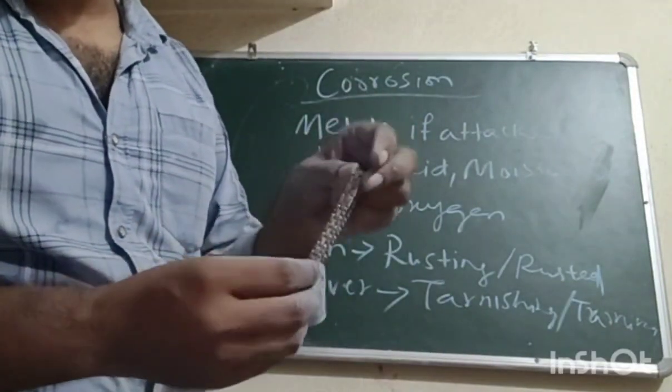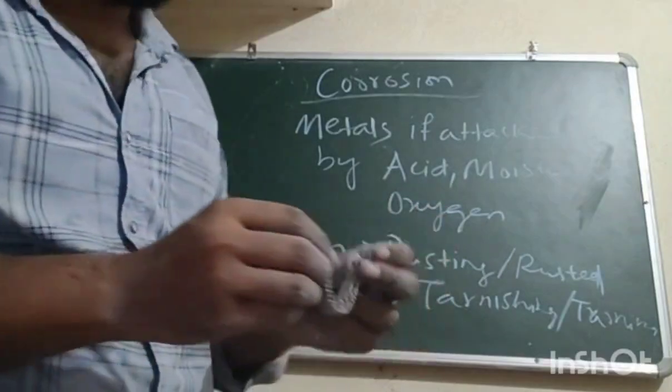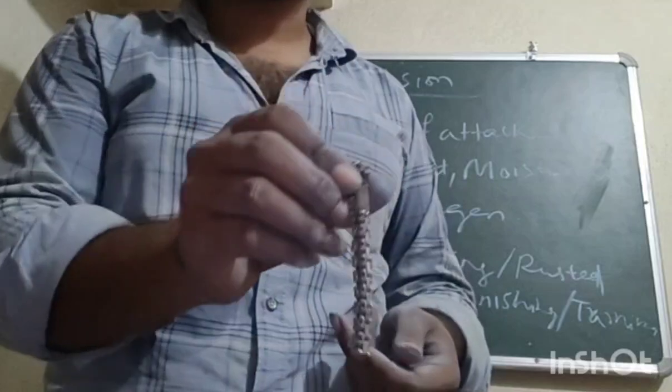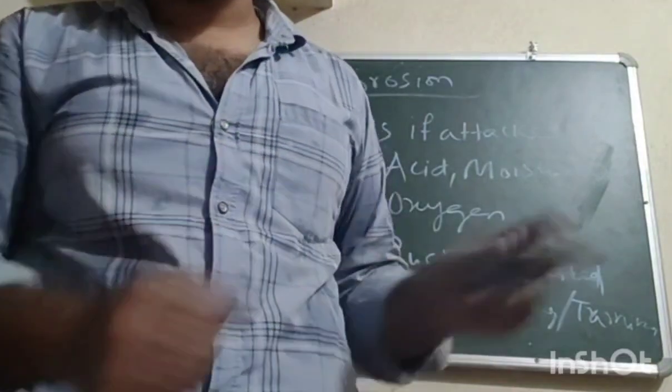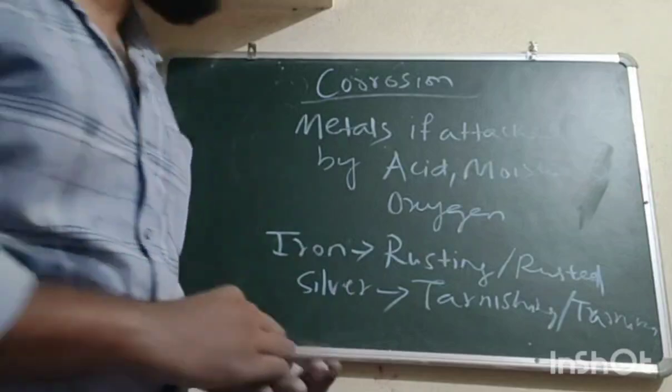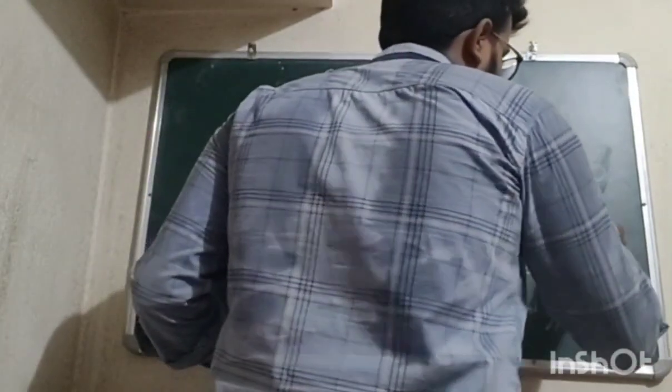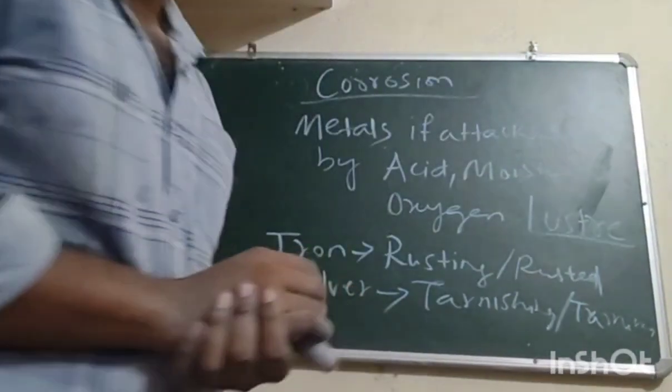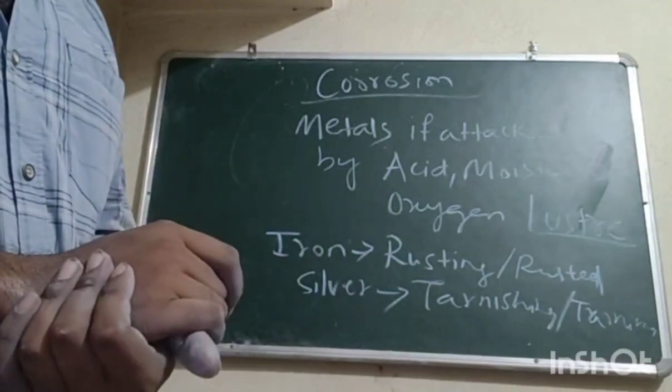Now it is blackish in color. Why is it blackish in color? Because a layer of oxide has been formed on its surface, so it is tarnished. It has lost its lustrous property. Luster means shine. Property of metals.